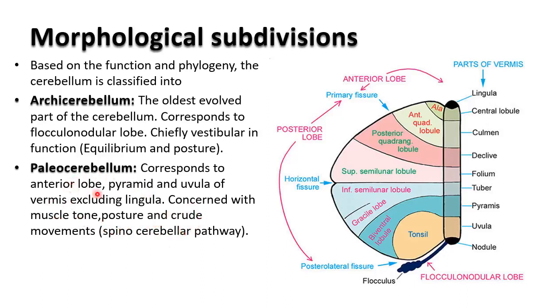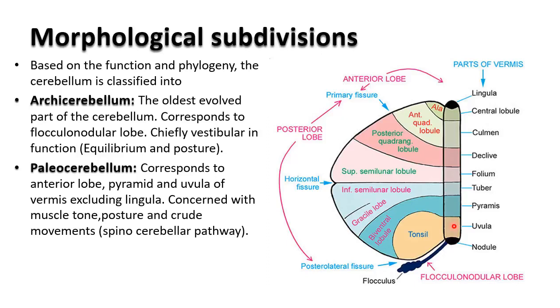The parts corresponding to the paleocerebellum are your anterior lobe, which is present in front of the primary fissure, and the pyramid and uvula. Apart from the anterior lobe, you also have to include the pyramid and uvula part of the vermis. So this is concerned with the paleocerebellum, that is muscle tone.